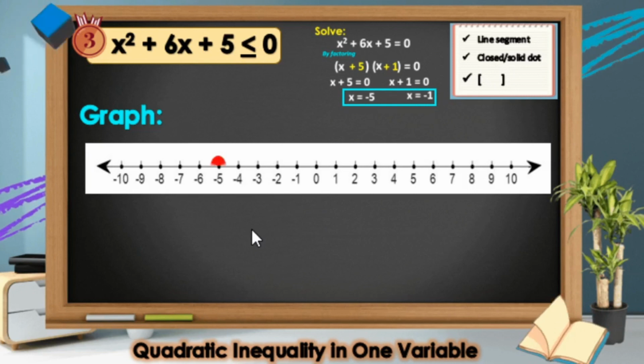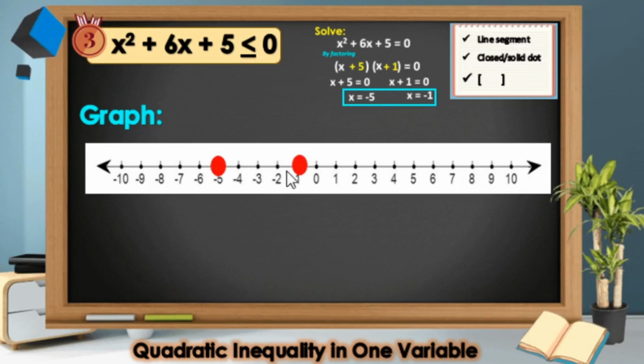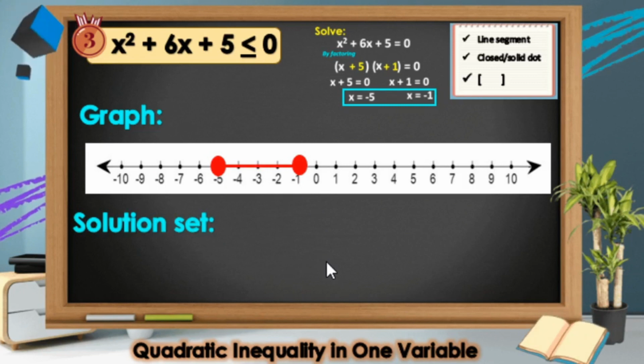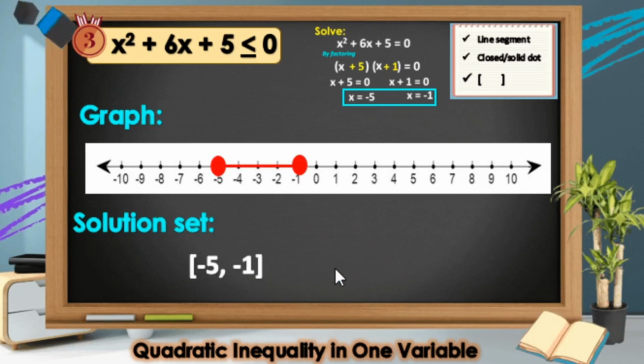And it should be a line segment. Dahil nga sabi kanina. So, therefore, etong gitna na to or etong region na to ang ating isi-shade, katulad ng mga example natin kanina. So, therefore, ang ating solution set ay enclosed negative 5, negative 1.